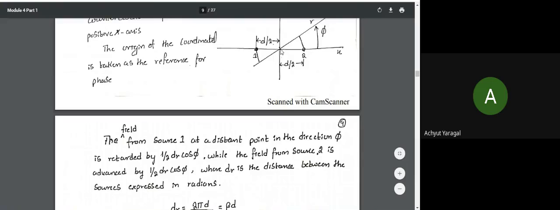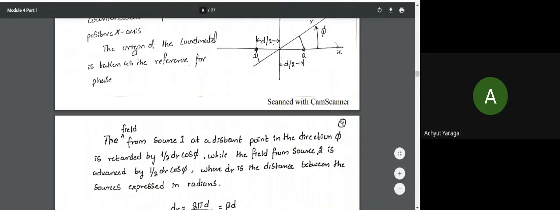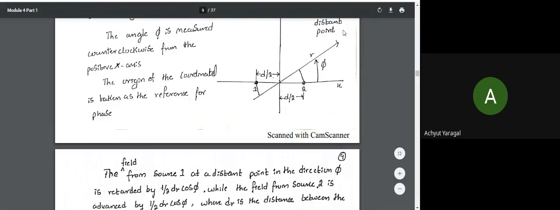We have to consider the origin as the reference. If we consider the origin as the reference at the far field, where we calculate the strength of the source, source 1 has been retarded and source 2 is advanced.